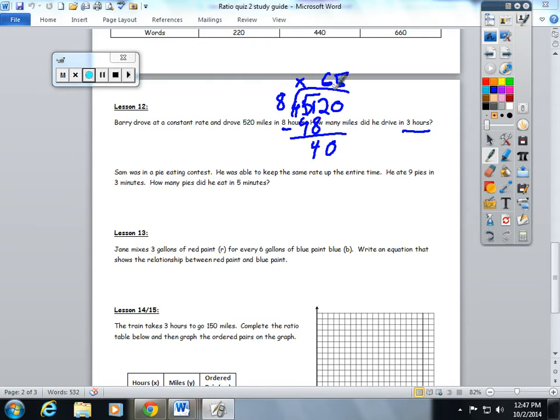And then that would be 65, and then you do 65 times 3. And then you get 195 miles in 3 hours.